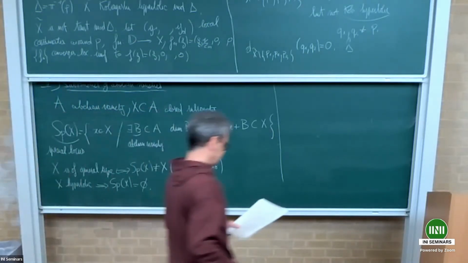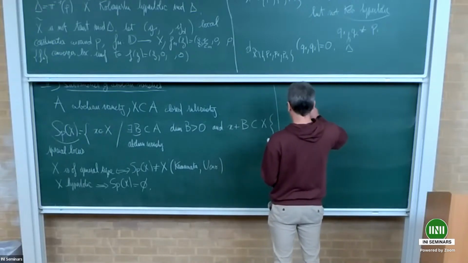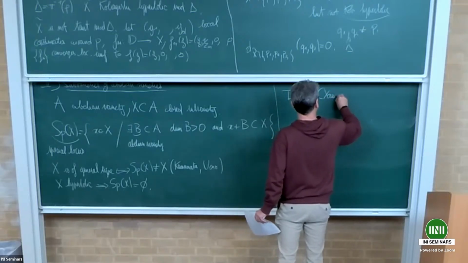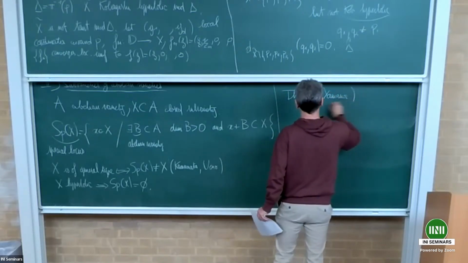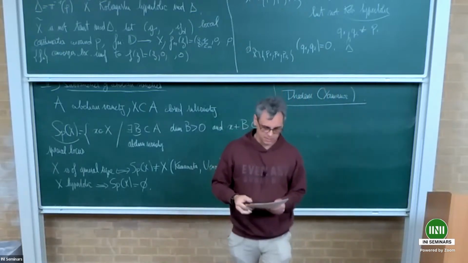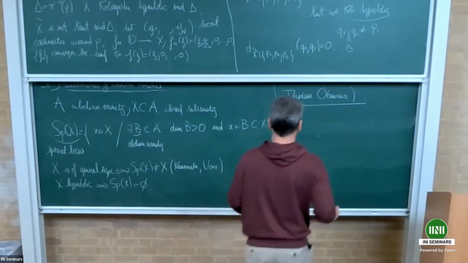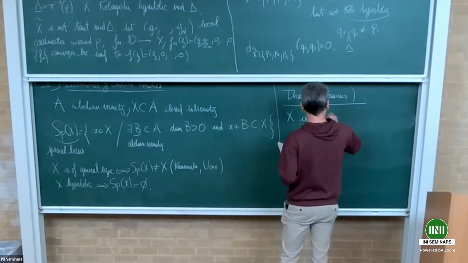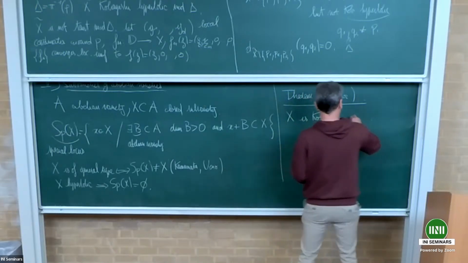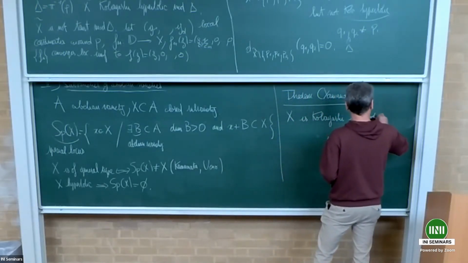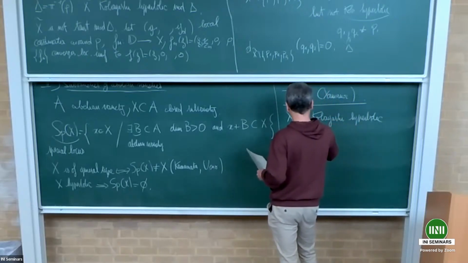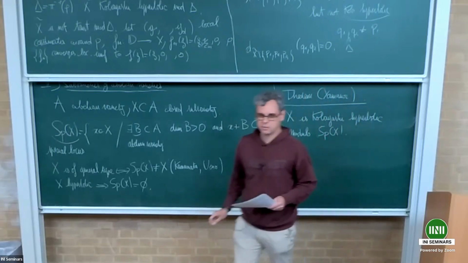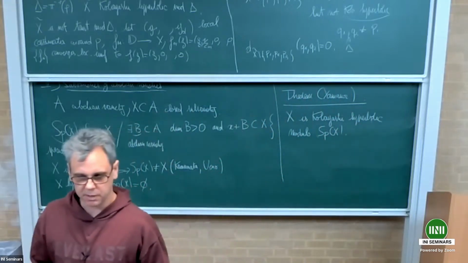So the theorem of Yamanoi, which we plan to explain, is that X is Kobayashi hyperbolic modulo its special locus. This is the main statement of this paper.